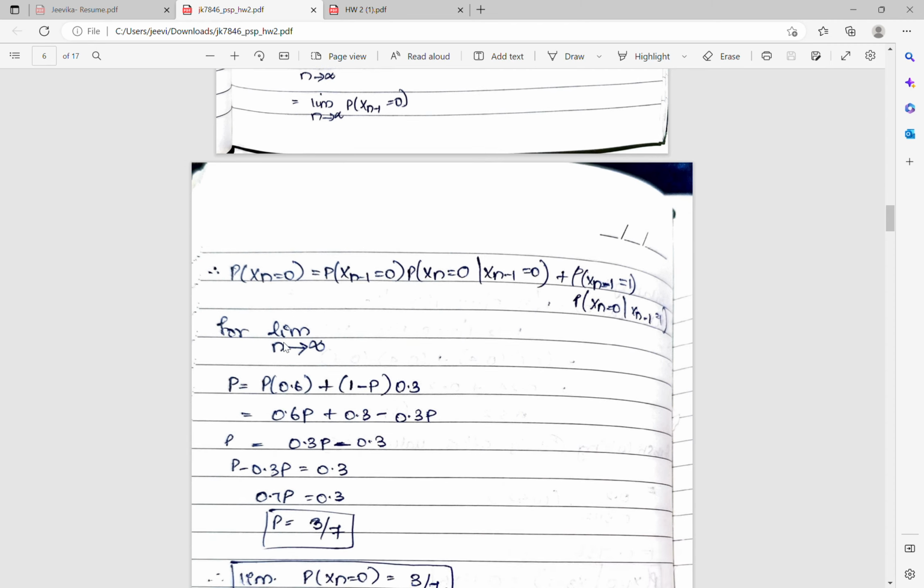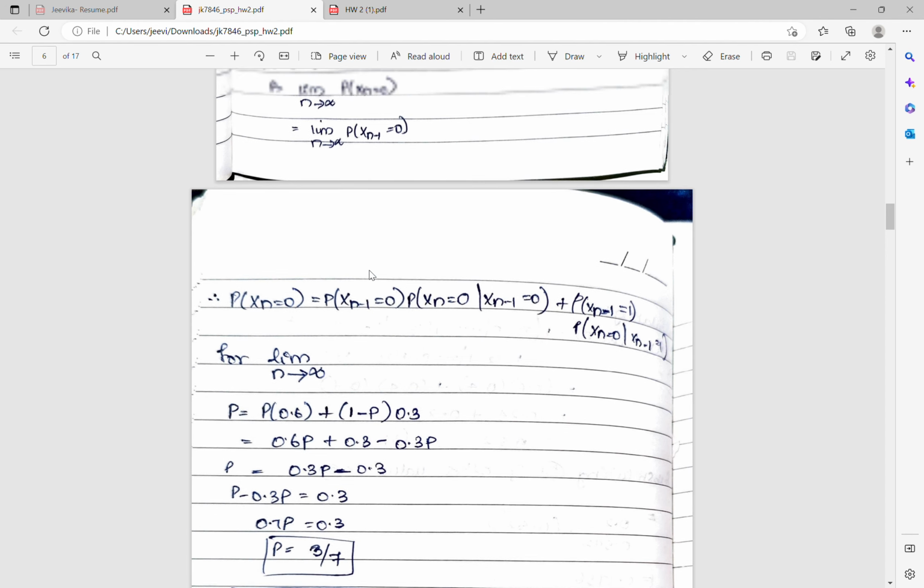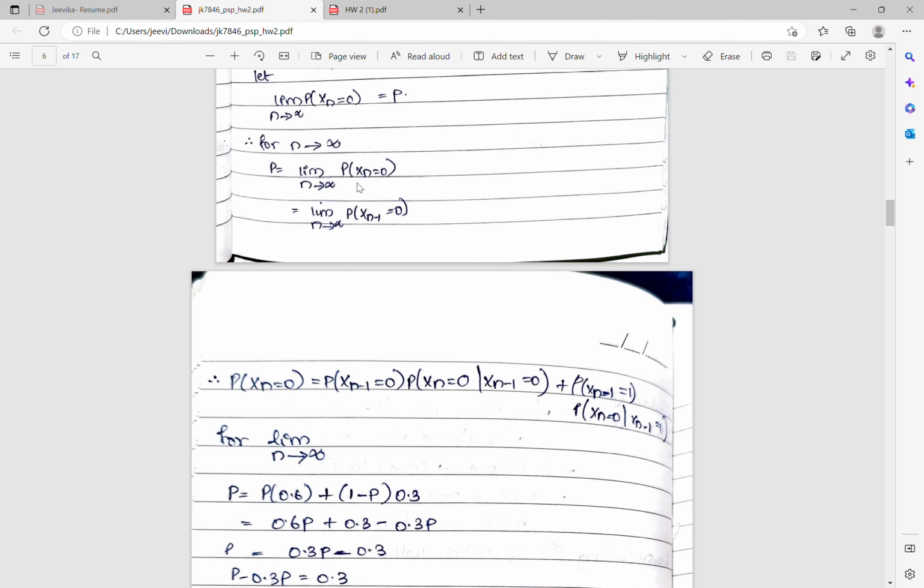Therefore, for the limit as n tends to infinity, when we substitute all these values, since we assumed that p is equal to the limit of p of xn = 0, which is equal to the limit of p of xn-1 = 0, here we will be substituting p, and we know this value is equal to 0.6.